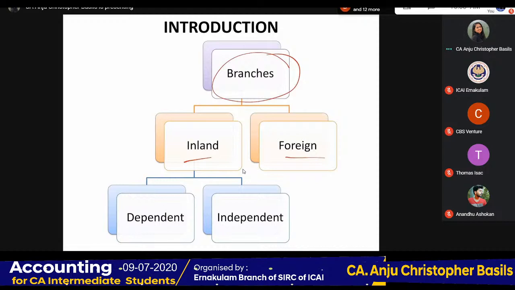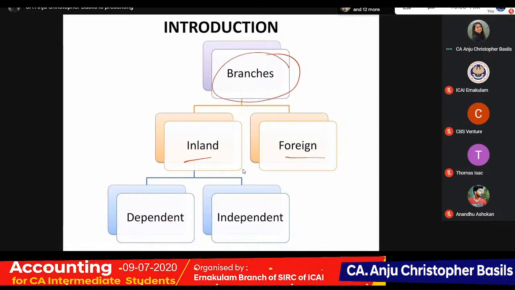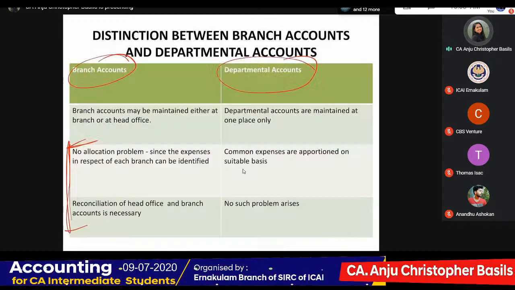All right. Then what exactly is the difference between branch and departments? We have two major reasons for the difference. In the case of departments, you will have to allocate the common expenses, whereas in branches you don't have the allocation issue.